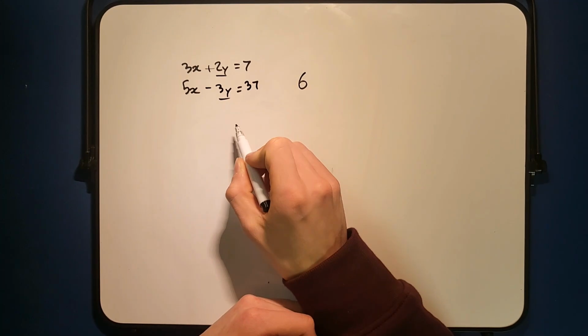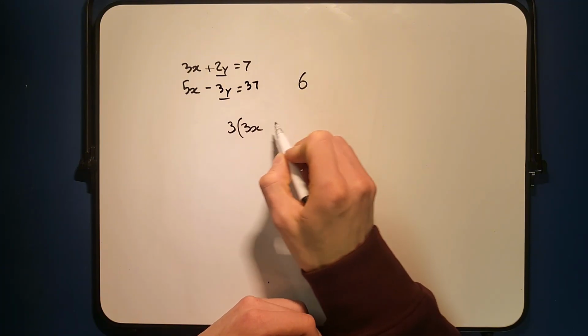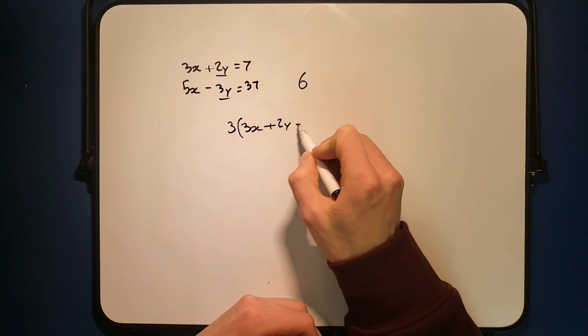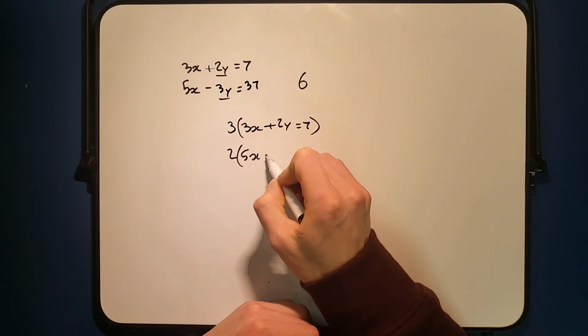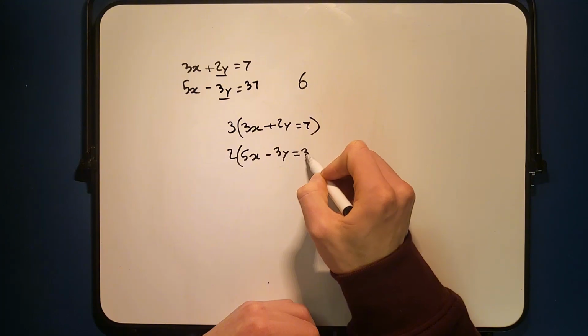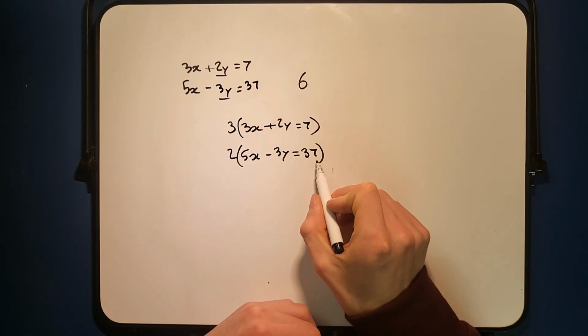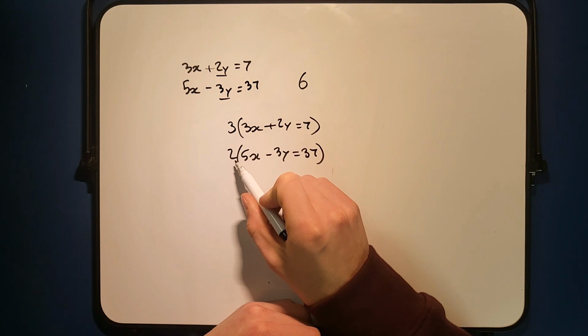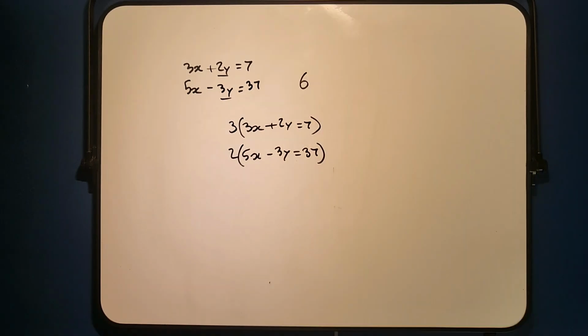So let's try that out. So we'll multiply the first equation by 3 to give me 3 times by 3x plus 2y is equal to 7. And 2 multiplied by 5x minus 3y is equal to 37. Notice that this equals and the answer are also still being multiplied by that factor. That's important because the whole equation is one part.